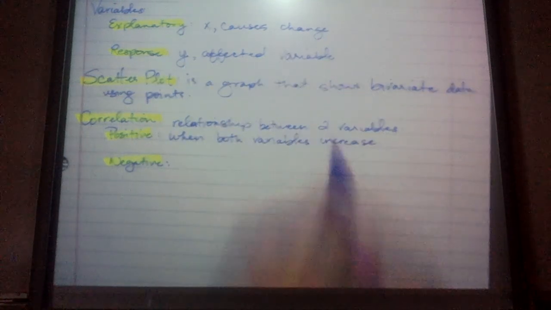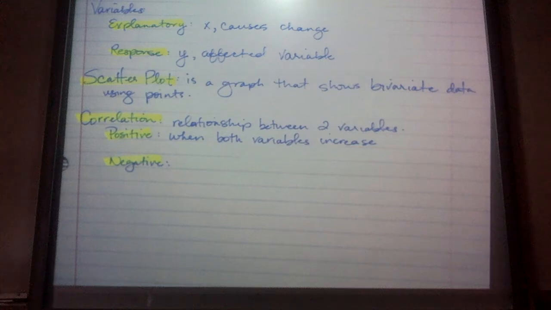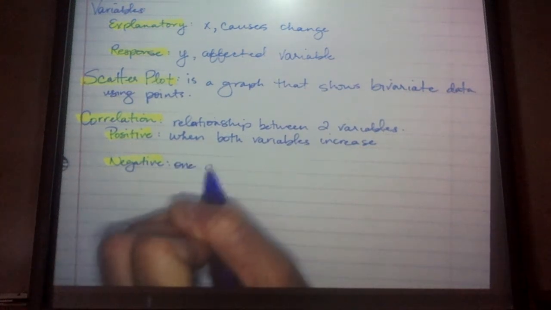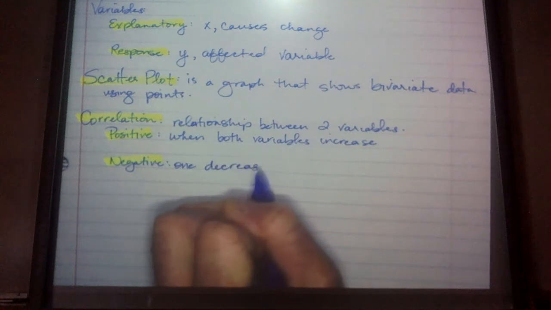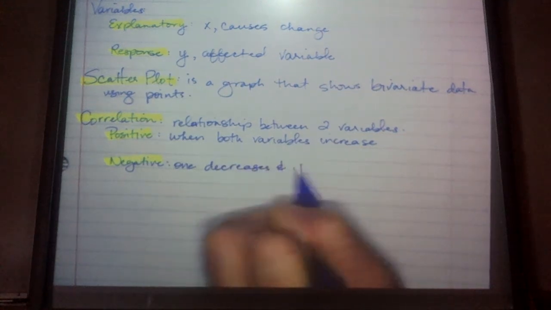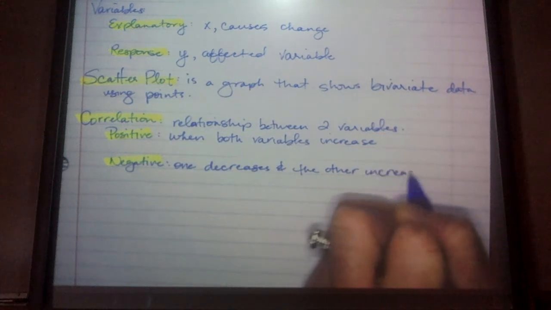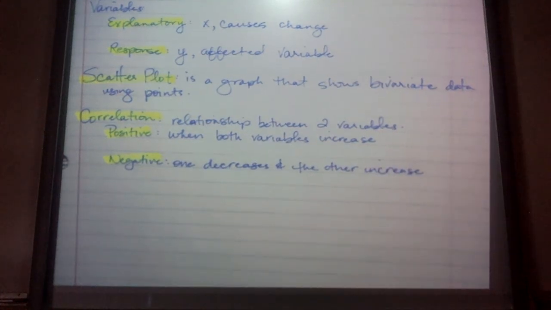So both values are going up. A negative correlation or a negative relationship is when one is decreasing and the other increases. So negative would be if they're moving in the opposite direction. One value is getting larger and the other value is getting smaller. Okay?